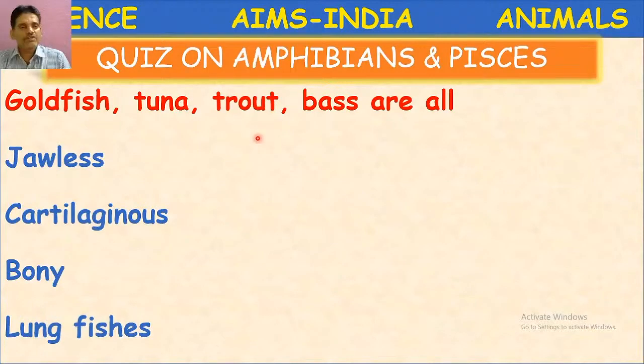In the competitive exams, the questions appear based on the concept and examples you have to remember. So bony fishes they are. Yes. Few of you answered. Bony fish. Bony fish example, goldfish, tuna, trout and bass.